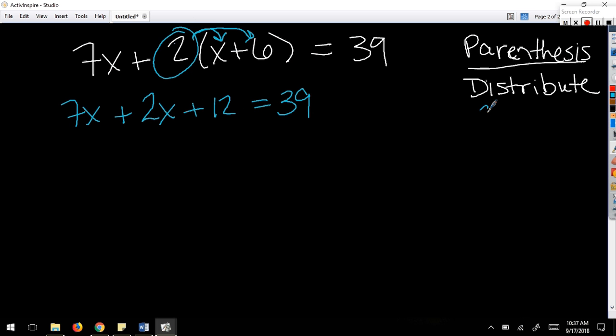In the problem I had 2 times x plus 6. What that really means is 2 times x plus 2 times 6. That 2 has to multiply to everything inside. And then I simplified that to 2x plus 12.